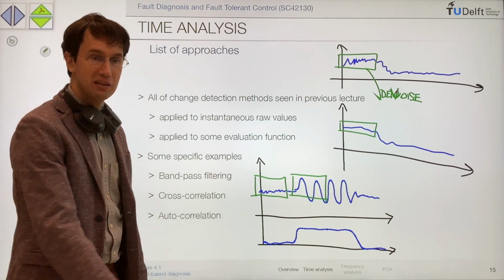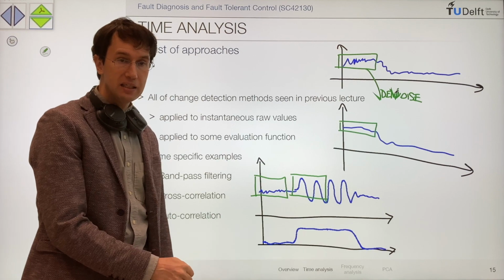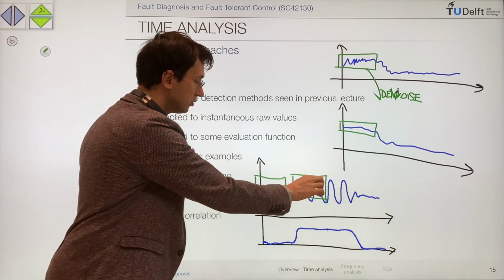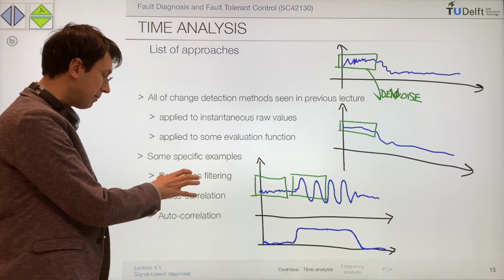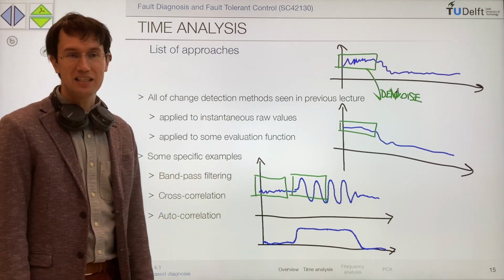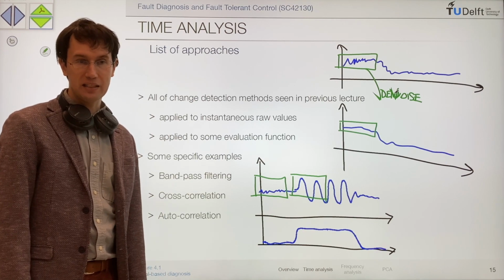So this would be the result of applying a bandpass filter to this signal, where the band is tuned to this faulty signal we have here. Anyway, doing bandpass filtering is another way of doing Fourier analysis.